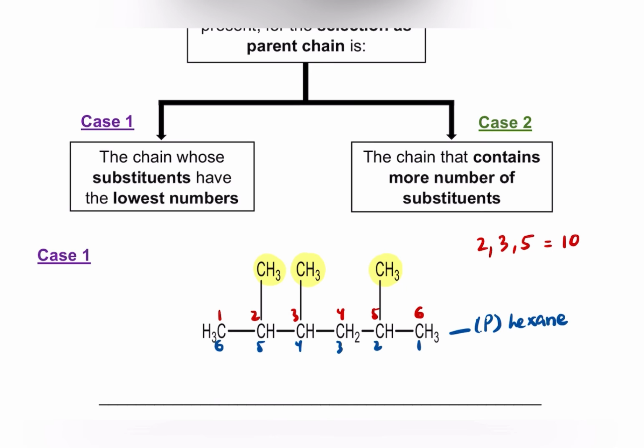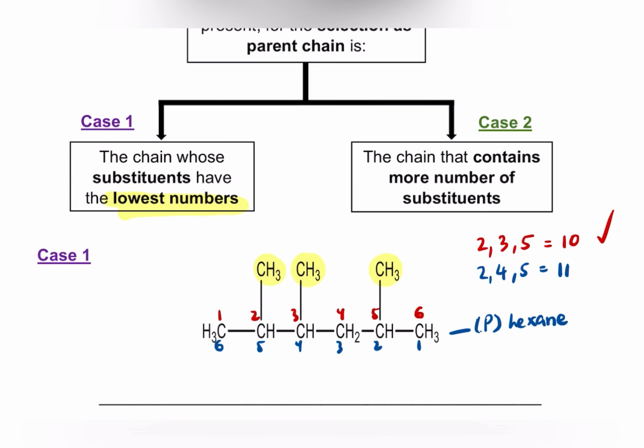Next one, in the blue color, I got methyl groups at carbon number 2, 4, and 5. The total will be 11. So between 10 and 11, which one am I going to choose? I'm going to choose the lowest one based on case 1, the lowest number. The red color is the numbering that I will follow.